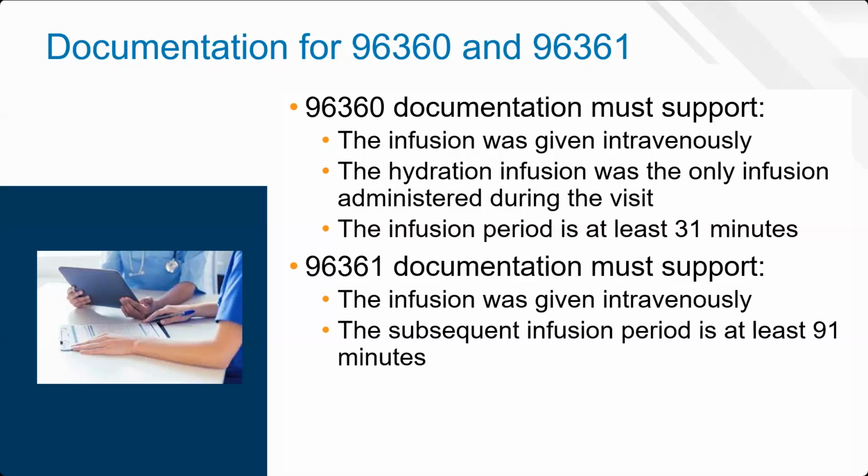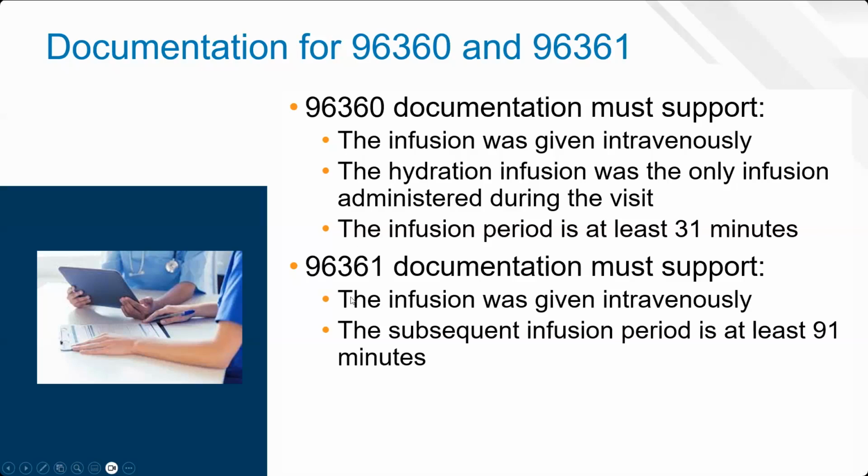So, such as the 96360 for hydration, or it can be reported with the 96365, which is IV for therapy, prophylaxis, or diagnosis up to 1 hour, or the 96374 as IV push for a single initial substance or drug, the 96409, which is the IV push of a chemo agent, or the 96413, which is chemotherapy administration IV technique 1 hour.